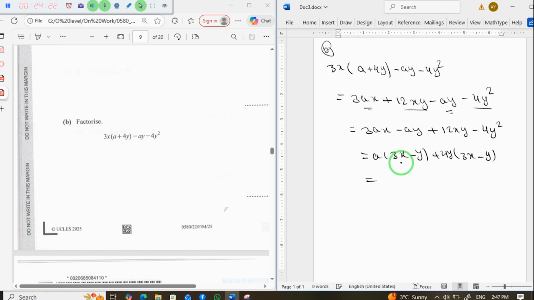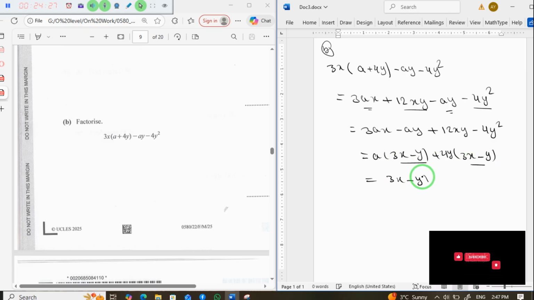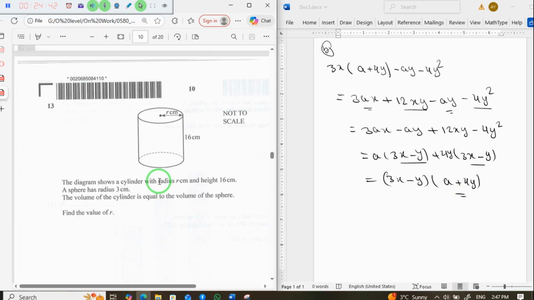Then we take common factor 3x minus y, and remaining is the group (a plus 4y). This is part B.